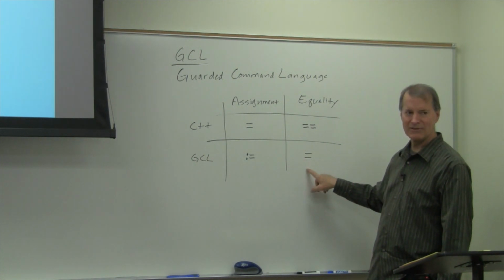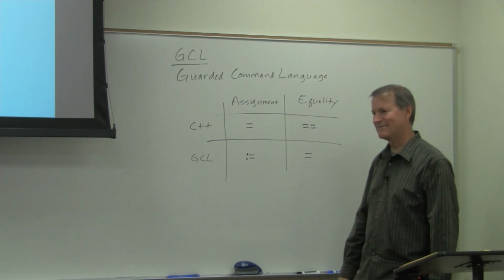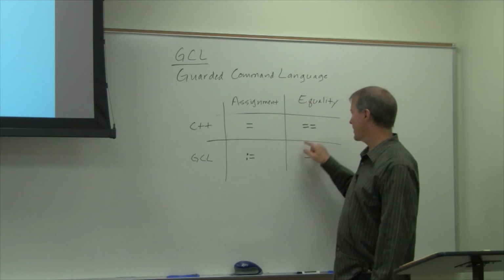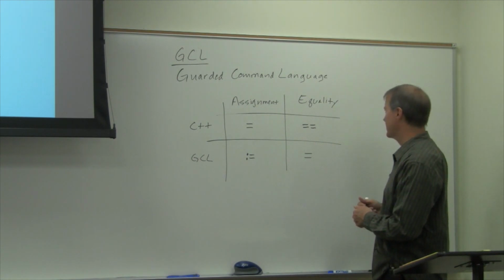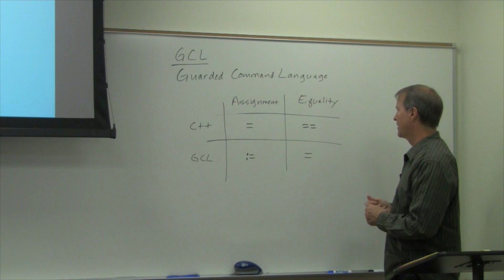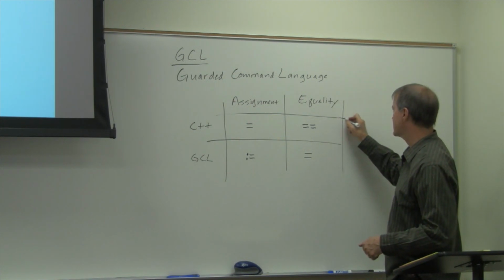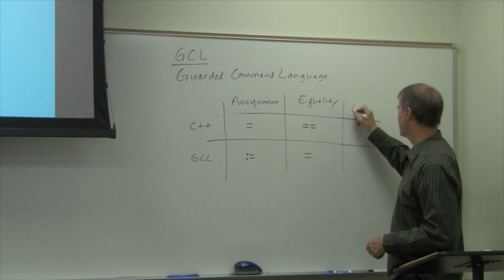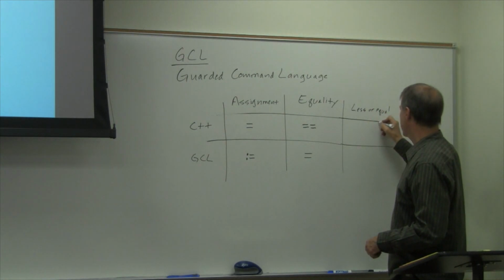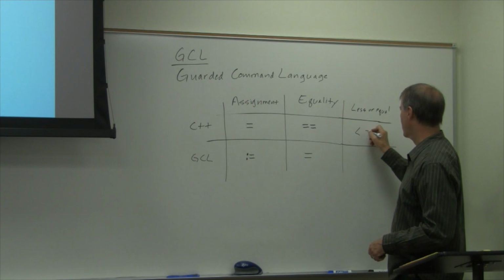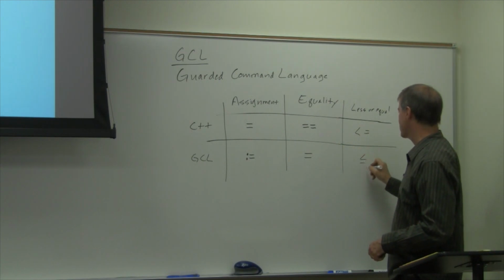Why'd they do that? I think there is a practical reason. Let's do less than or equal. Here you do less than or equal to, and here you do less than or equal to.